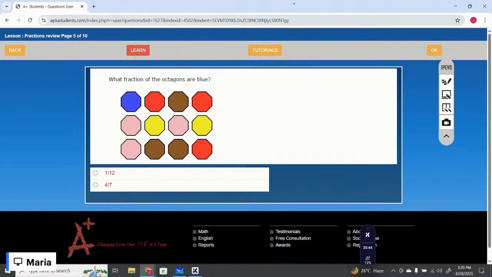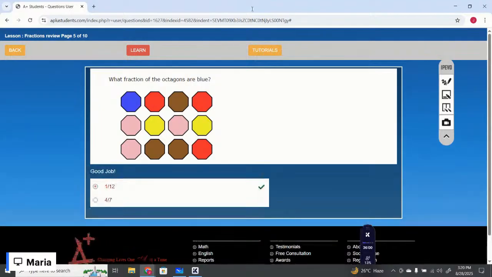What fraction of the octagons are blue? 1 out of the 12 octagons are blue, right? Because only one of the octagons is blue.